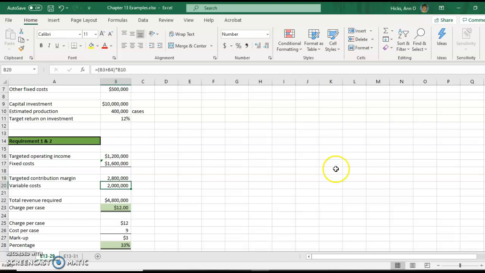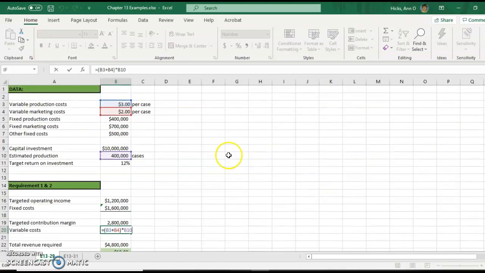Then all we need to do is calculate variable costs, which I have done by taking the two categories of variable costs per case and multiplying them by the 400,000 cases that we estimate we will produce and sell.